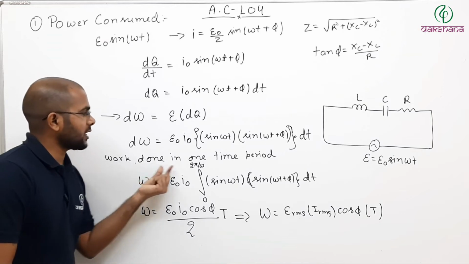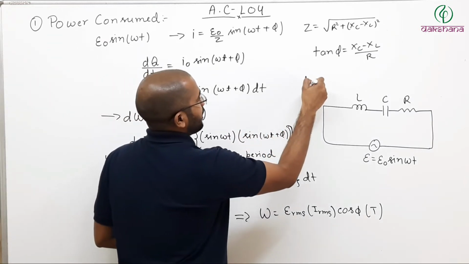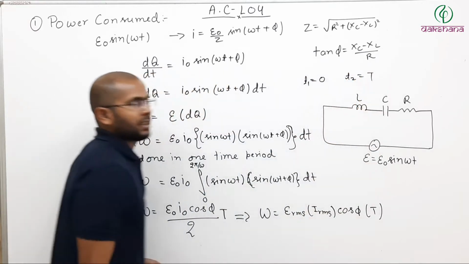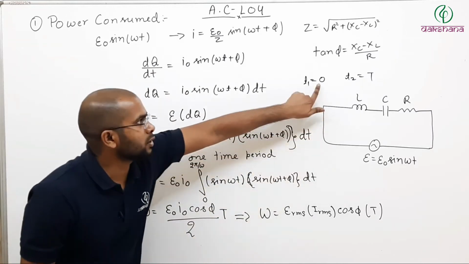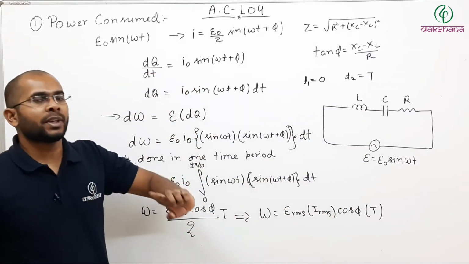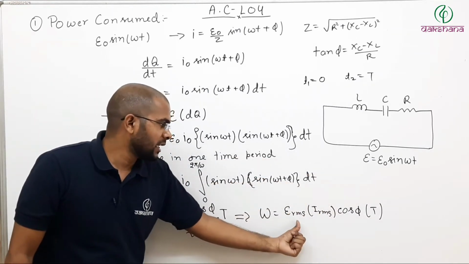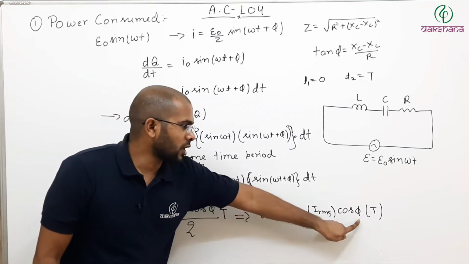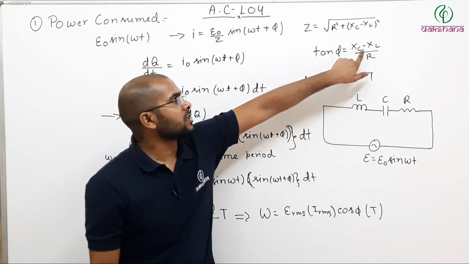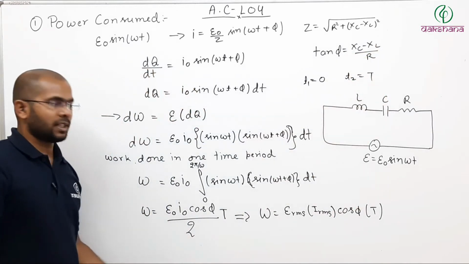Remember, we have seen work done in one time period, meaning I am taking T1 to be 0 and T2 to be capital T, meaning my integration is from 0 to capital T. So in one cycle or one time period, the EMF source does the work ERMS, IRMS, cos phi, capital T, where phi is nothing but tan inverse of XC minus XL divided by R. Pause the video, then we will discuss further.